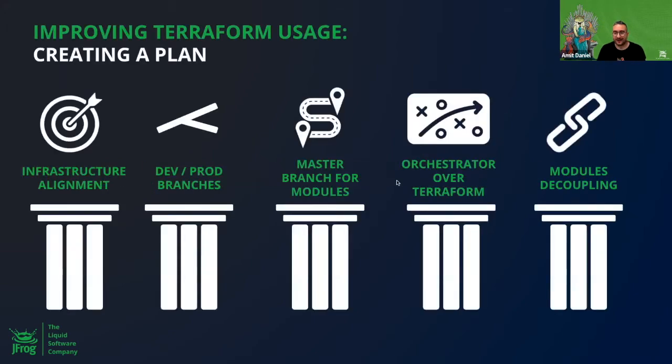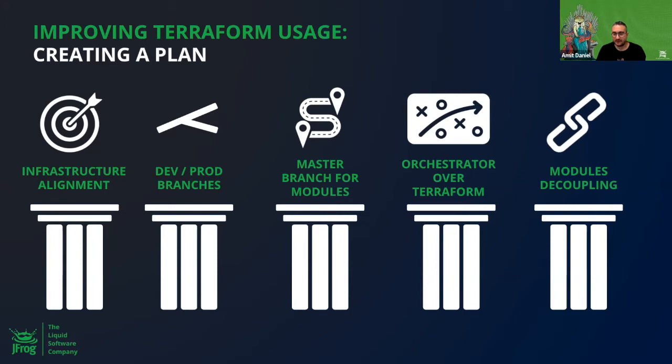Let's talk about 5 main steps that improved our Terraform usage. Align Terraform current infrastructure to be managed only using infrastructure as code. 2 major branches for development workspaces and production workspaces, and Terraform Flow, where we can change the module without breaking workspaces. 1 master branch for the modules repository with tags per module.